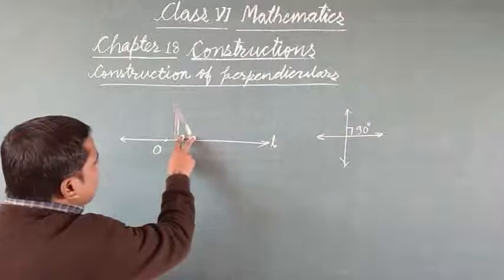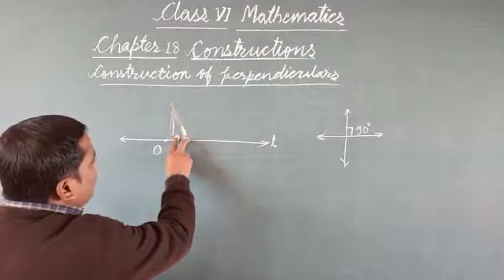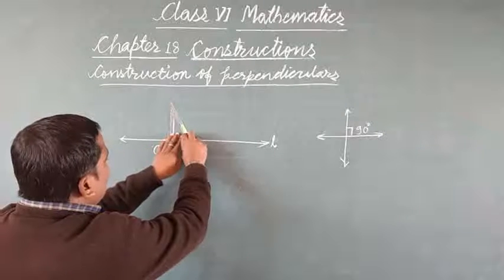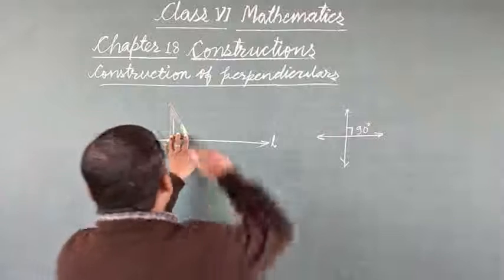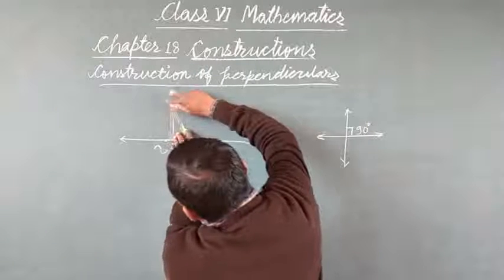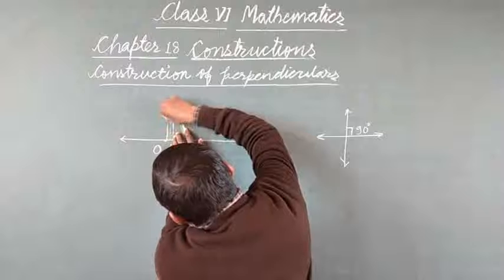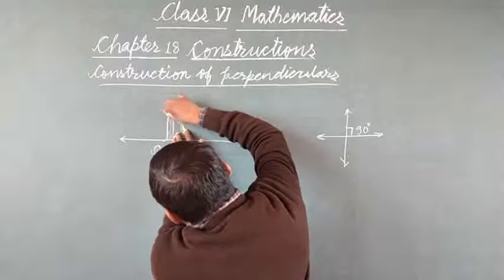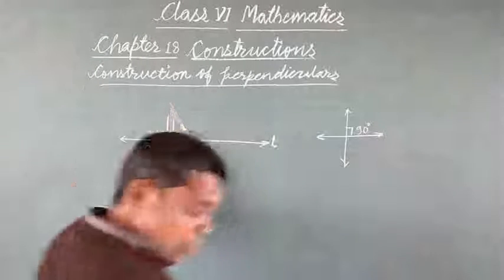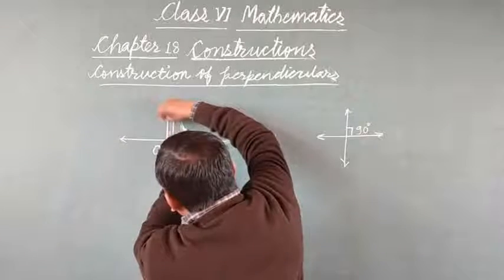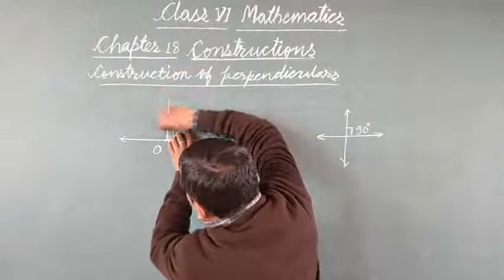Then we will bring it near to point O. Once it comes to point O, then we will draw a line alongside this one from point O.